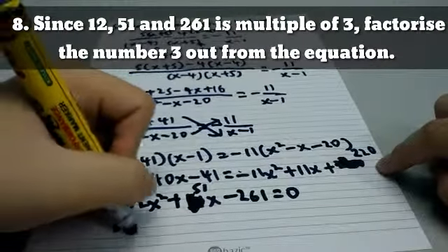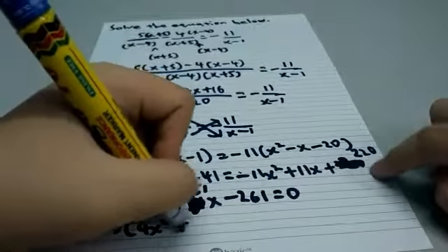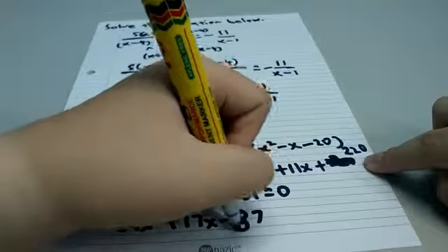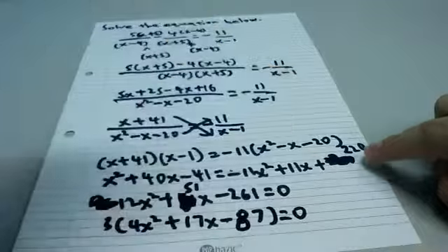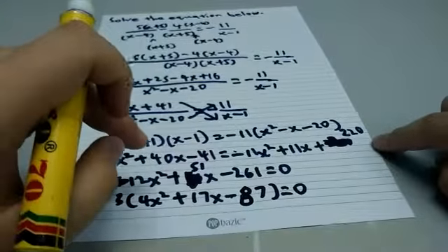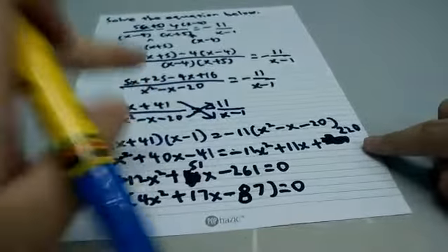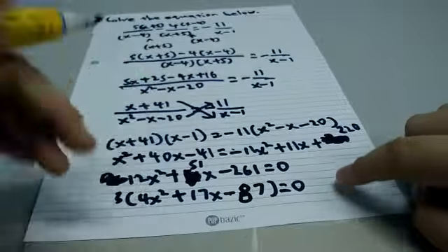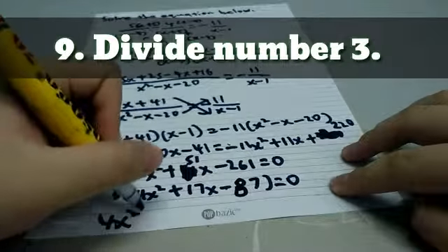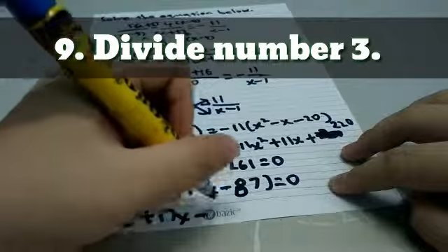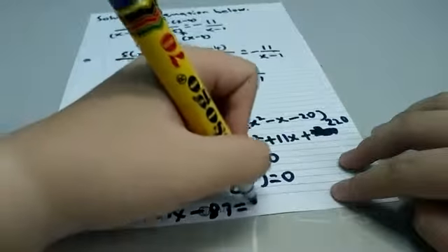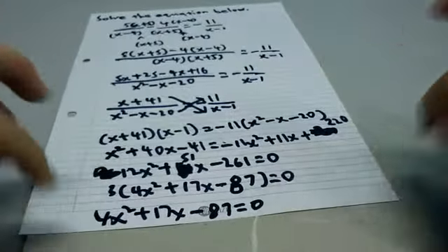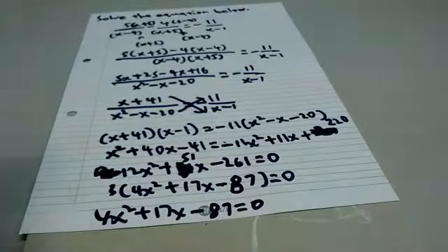So we get 3 times 4x squared plus 17x minus 87 is equal to 0, and then we can divide by 3, so we will have 4x squared plus 17x minus 87 is equal to 0. That's the final product of the general form of the quadratic equation.